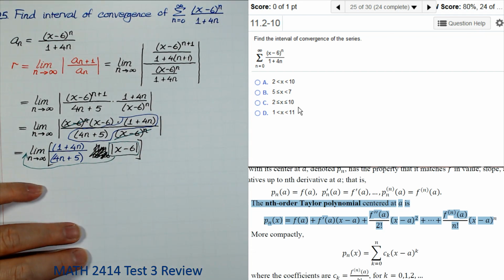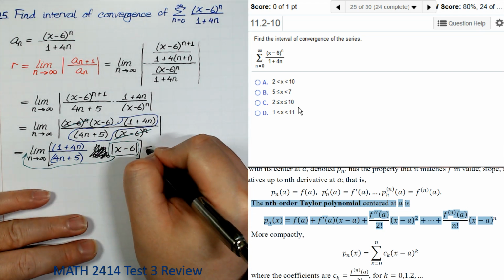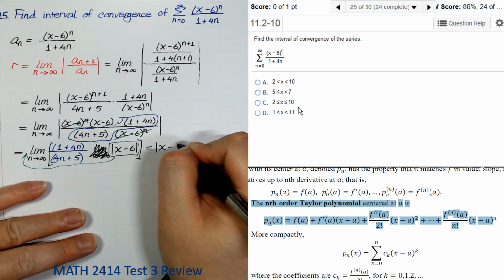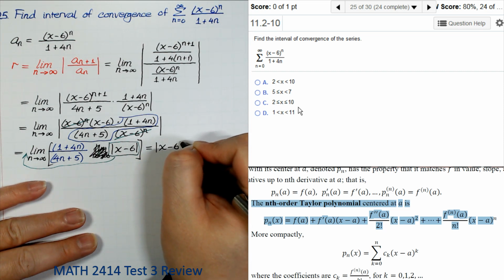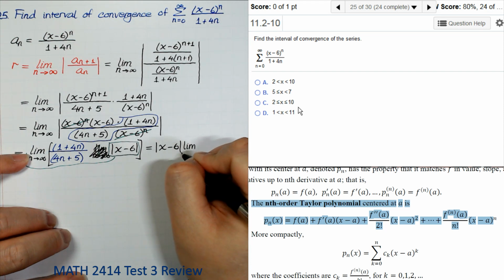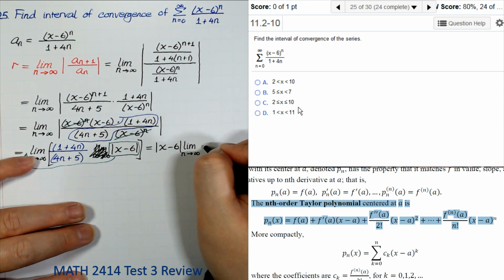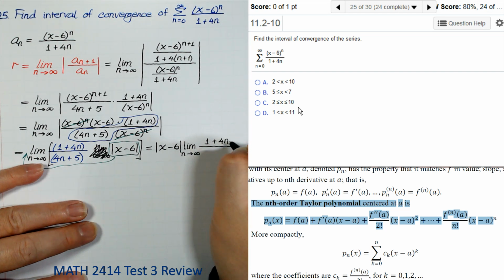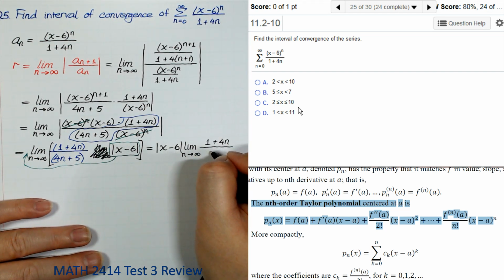Just like in an integral, if we have a constant, we just take it outside. In this case, we don't have a constant, but it's still independent of n. It doesn't matter what n goes to; x minus 6 isn't affected by it.